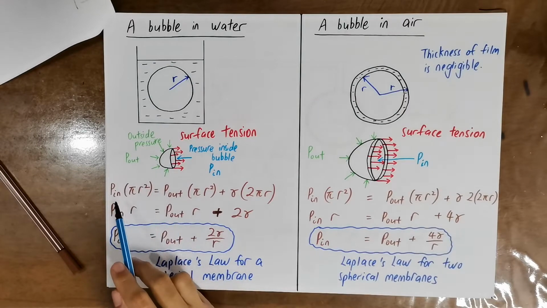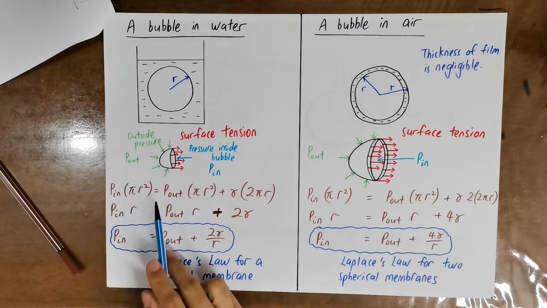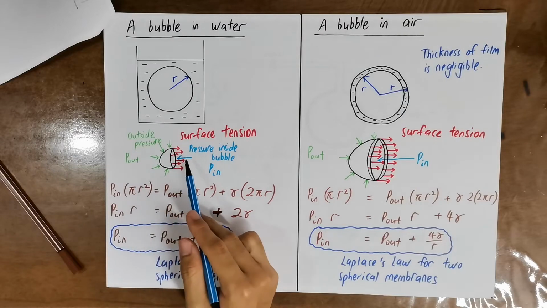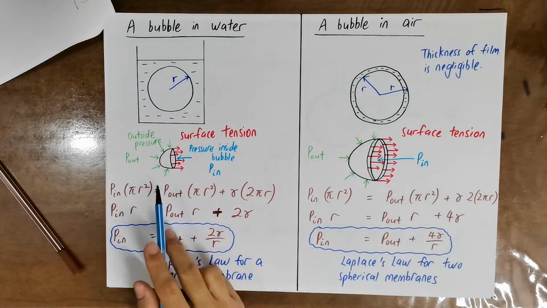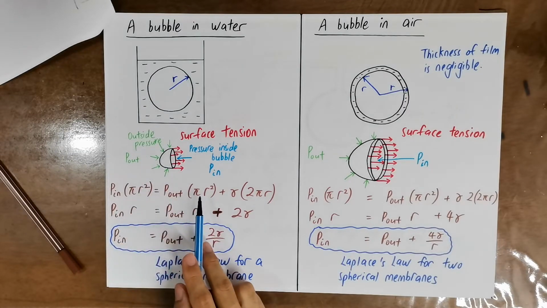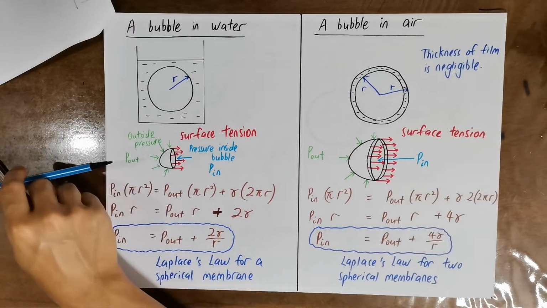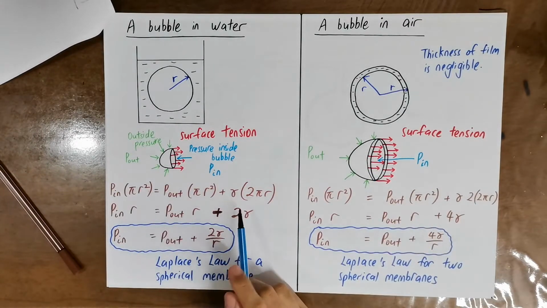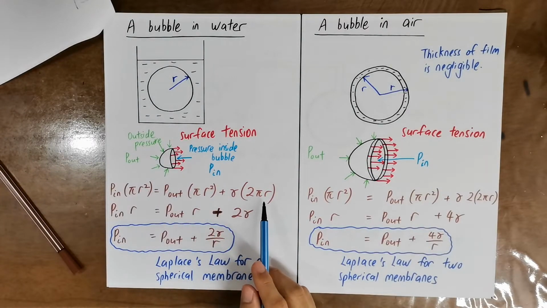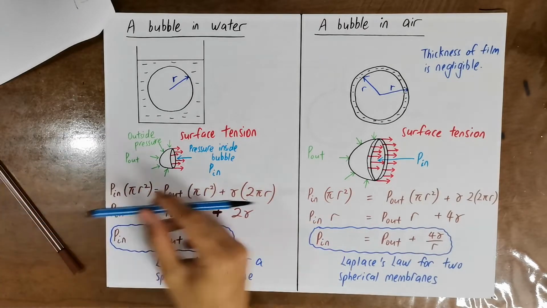The pressure inside times the effective surface area is the force in the left direction, and the pressure outside times the effective area is the force from the outside pressure, to the right. Gamma times 2 pi r is the surface tension force, which also acts to the right.